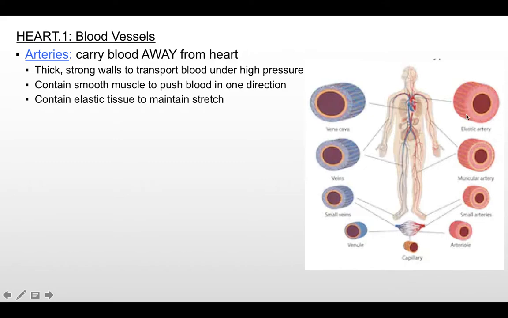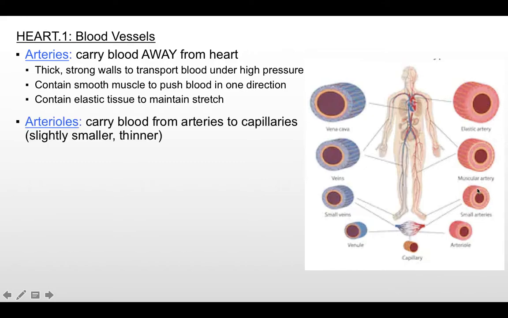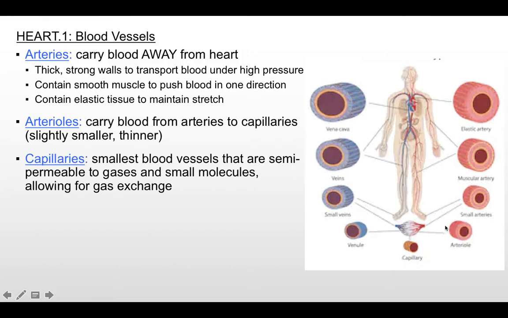From those thick arteries, we have slightly smaller versions of arteries, and those are called arterioles. So we're carrying the blood from the arteries towards our tiny capillaries. Capillaries are, I would say, the most important vessel. These are your single cell wall thickness blood vessels that are carrying the blood that will exchange gases.